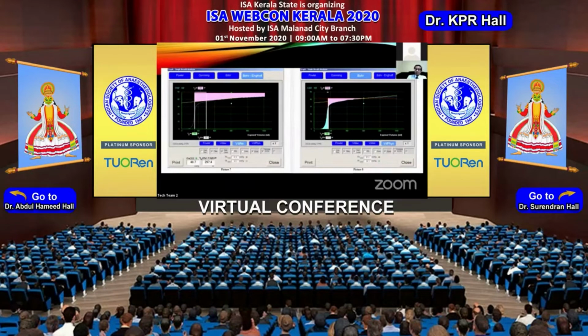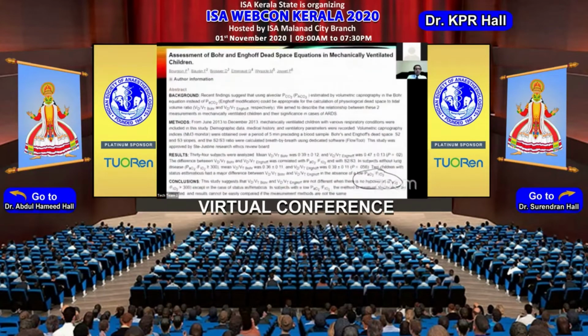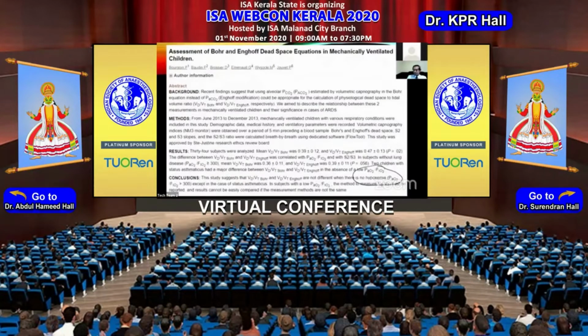So nowadays these devices are coming into our clinical practice, where we can measure the components of physiological dead space non-invasively, breath by breath, in ICU patients. And there are several studies in the literature where the Bohr and Enghoff dead space equations have been used in mechanically ventilated patients, in children, and even in patients with respiratory distress syndrome.